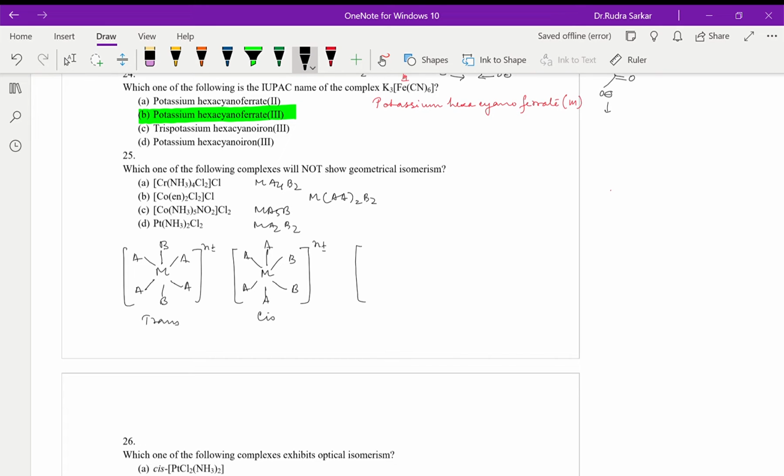For complex B, we again have two such arrangements. That is, the bidentate ligand occupies the square plane of the octahedral complex, or it can be arranged in another way wherein the angle between the B atoms is not 180 but 90.